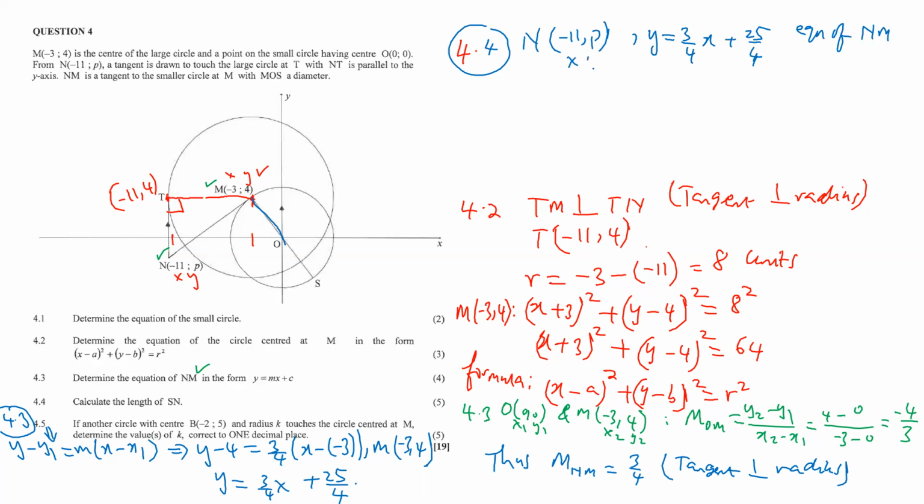So this provides X and Y, and then Y is P. X is minus 11. We simplify this and we're able to see that P is negative 2.